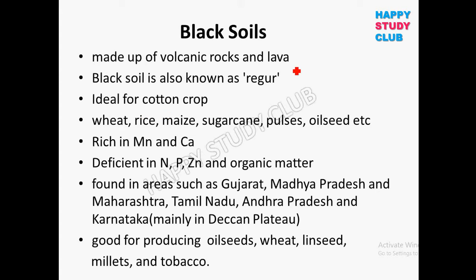As we discussed earlier, black soils are formed in the triangle-shaped Deccan Plateau of India. In the Deccan Plateau come various states such as Tamil Nadu, Andhra Pradesh, Karnataka, Maharashtra. It is considered as the southern point of India.